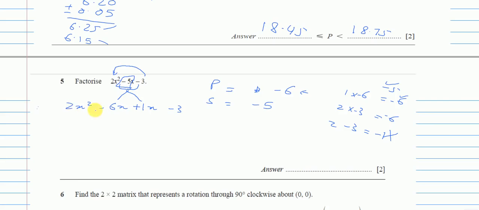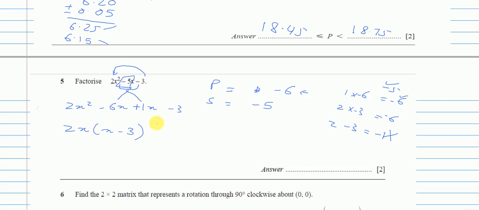What is common again? Here the 2 is common because both can be divided by 2, and then x is common. Now what should I multiply here to get 2x squared? Just 1x. And what should I multiply here to get back 6x? I should multiply it by 3.